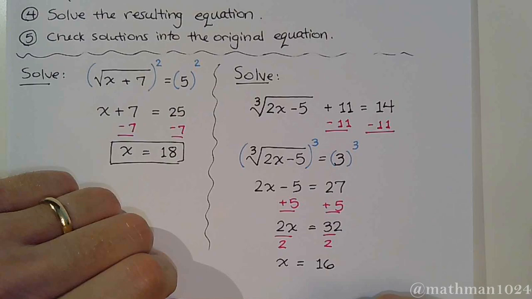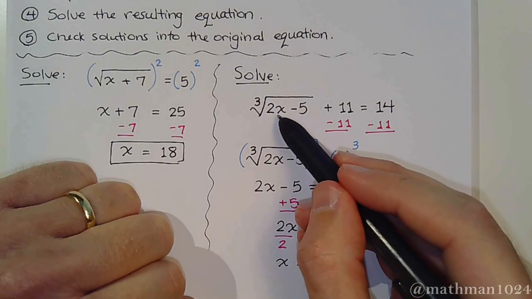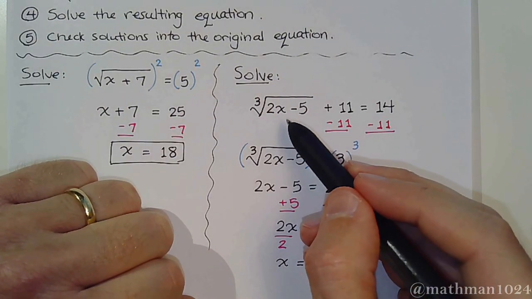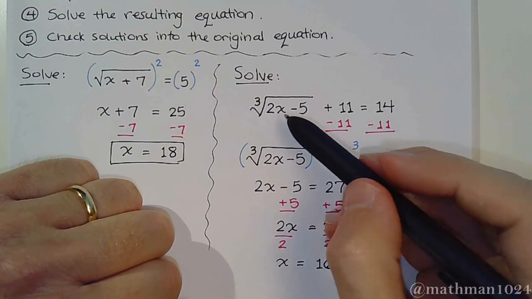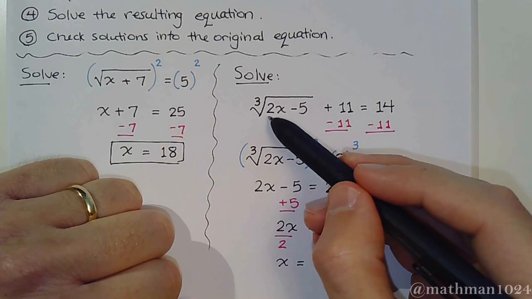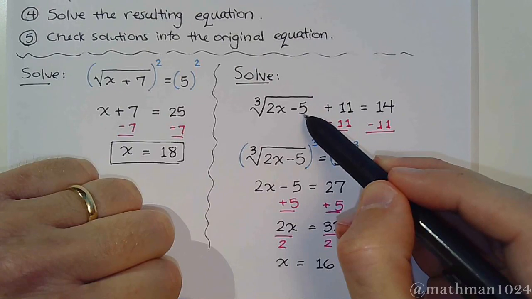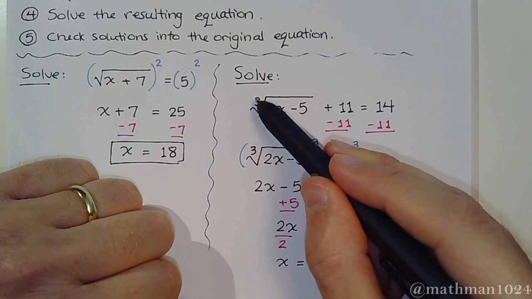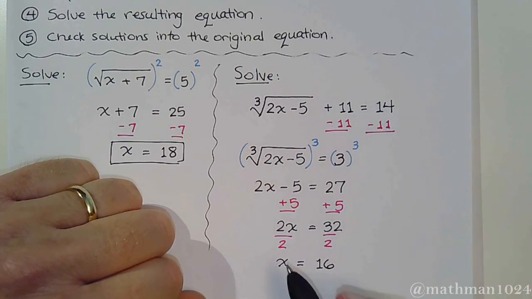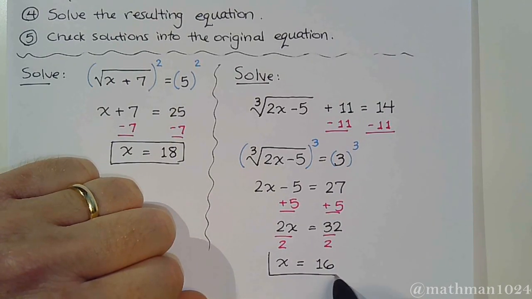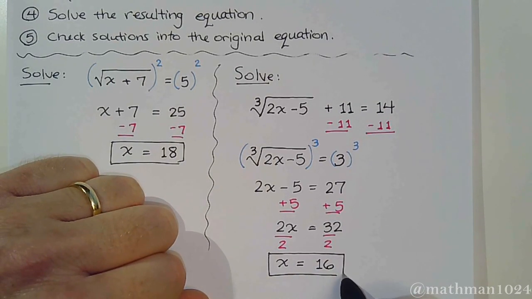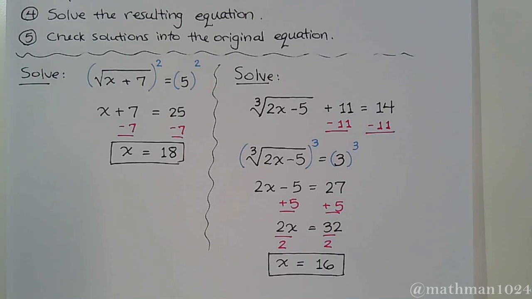And it's really just a simple exercise of plugging 16 back into the original equation to see that it is a true statement. If I plug in the 16, 2 times 16 is 32. 32 minus 5 is 27. The cube root of 27 is 3, plus 11 is 14. Right? Just like that.